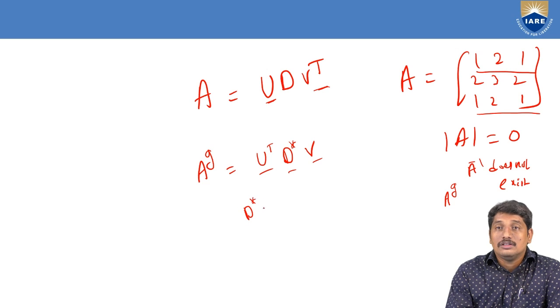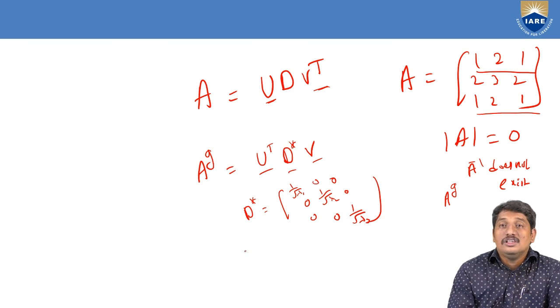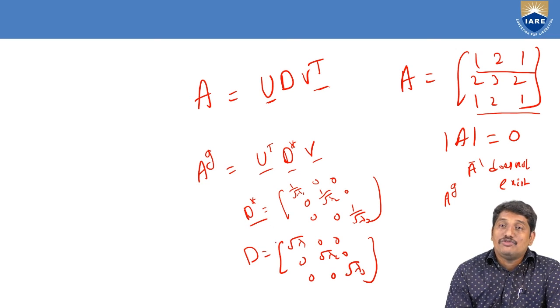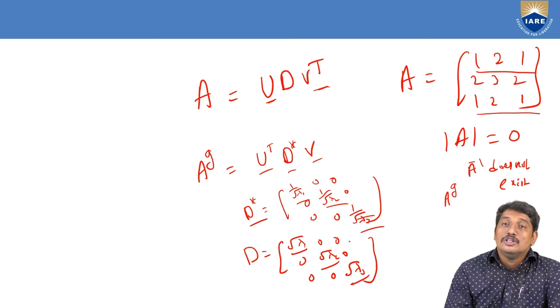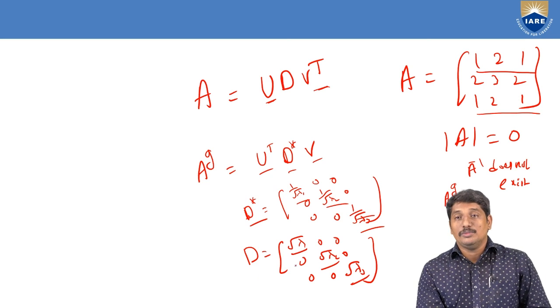D star is nothing but 1 by root lambda 1, 0, 0; 0, 1 by root lambda 2, 0; 0, 0, 1 by root lambda 3. That means if D is equal to root lambda 1, 0, 0; 0, root lambda 2, 0; 0, 0, root lambda 3, then D star is also a diagonal matrix formed with the reciprocals. Root lambda 1 becomes its reciprocal, root lambda 2 becomes its reciprocal, root lambda 3 becomes its reciprocal. So D star is nothing but a diagonal matrix formed with the reciprocals of the diagonal elements of D.